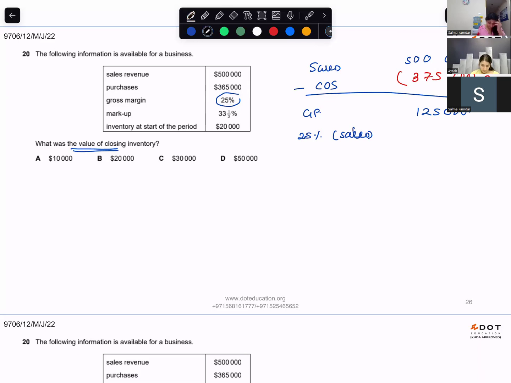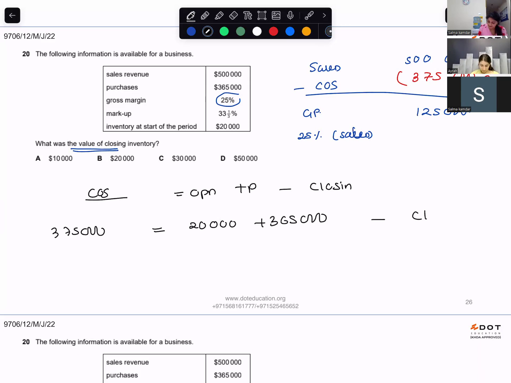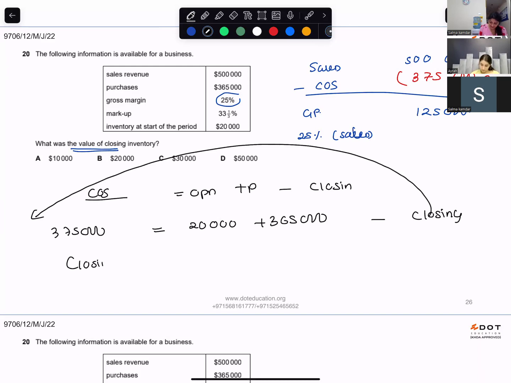Then cost of sales is what? Opening inventory plus purchases minus closing. So 375,000 is equal to 20,000 plus 365,000 minus closing. Closing will go on that side. So closing inventory will be 10,000.